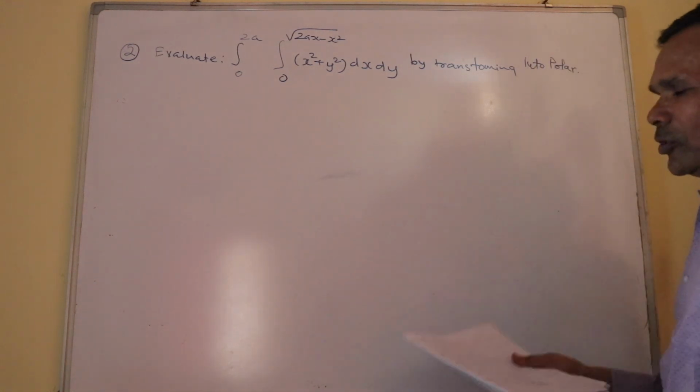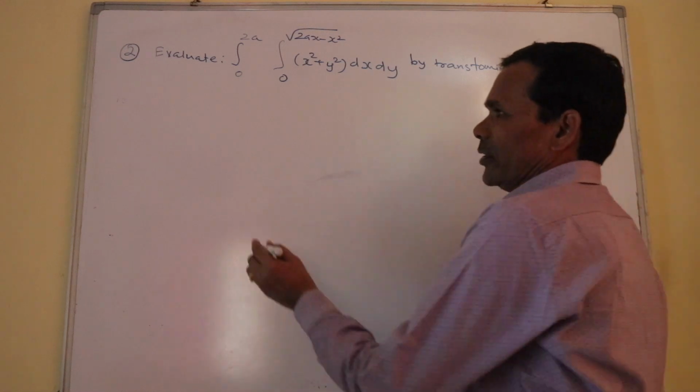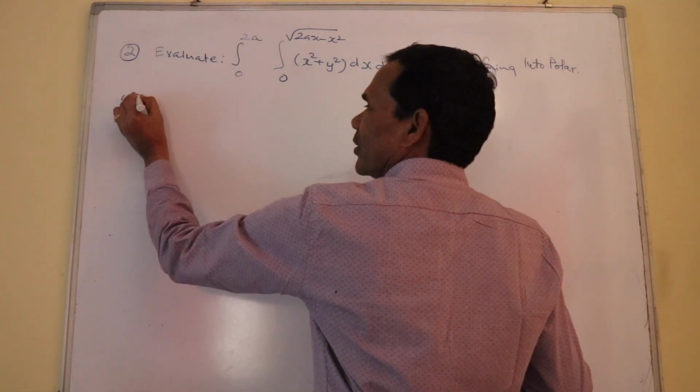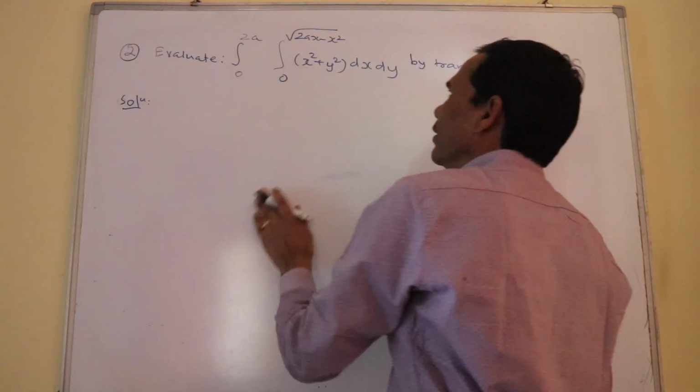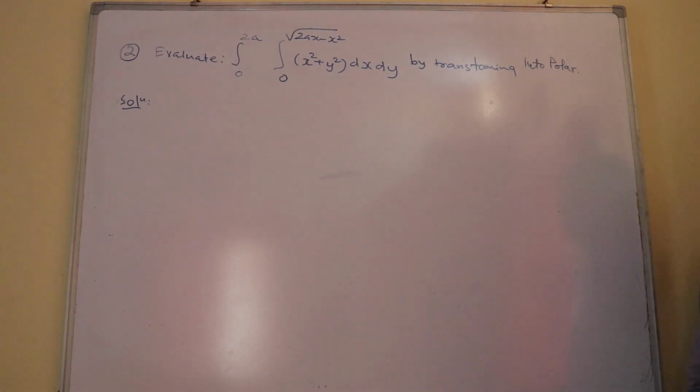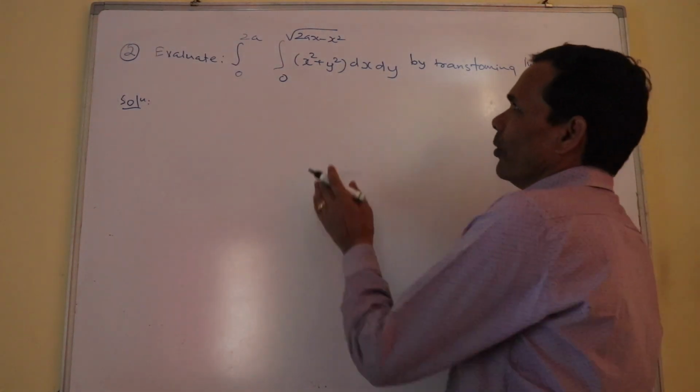So let us see what to do with this solution. If you observe this, it is rather complicated: region, limits, boundaries. So we transform and circle.